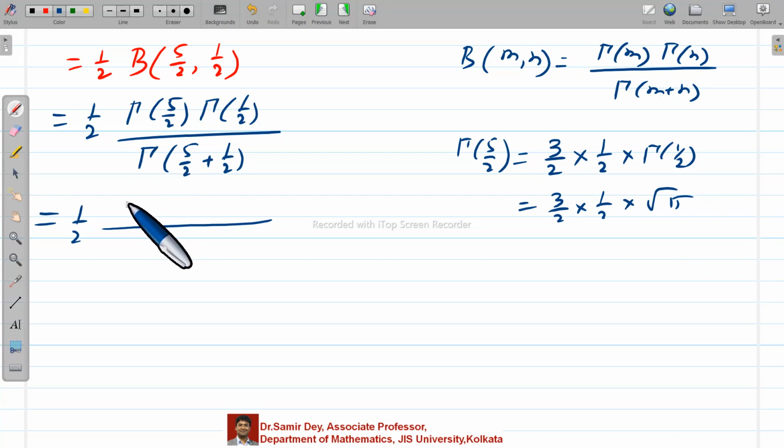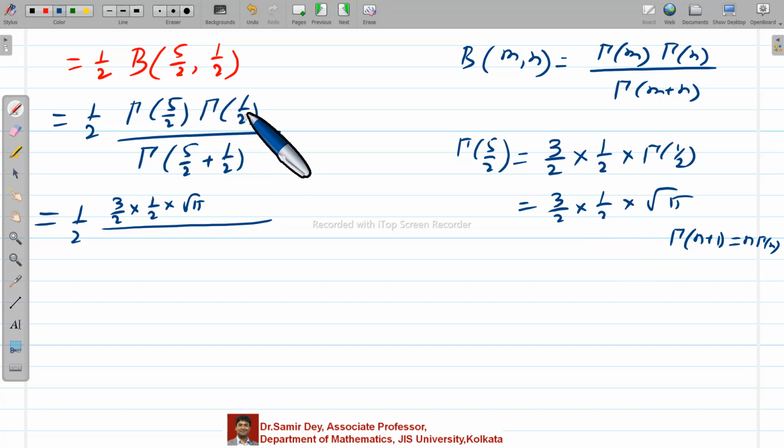In my gamma function video I have already discussed how to get this result. Basically it is coming from this formula, gamma n plus 1 is n gamma n. If you check your last video on the gamma function, then you can understand clearly.